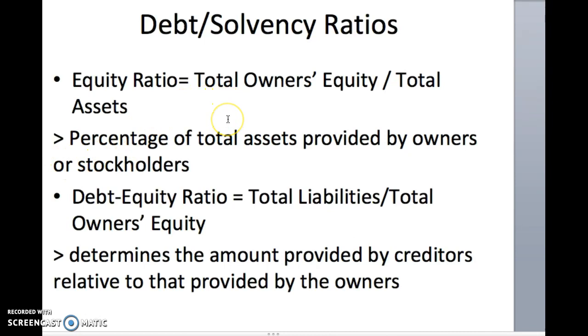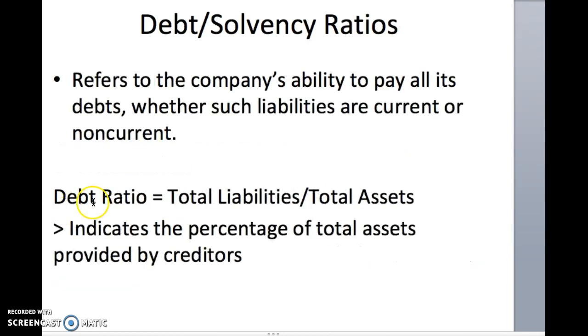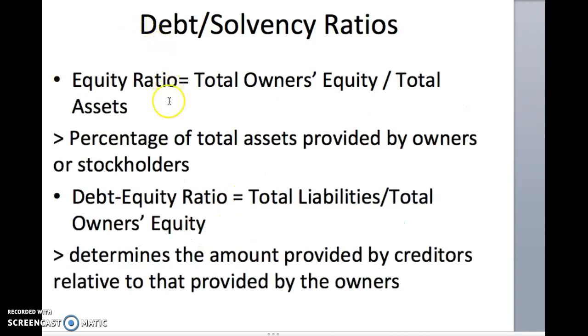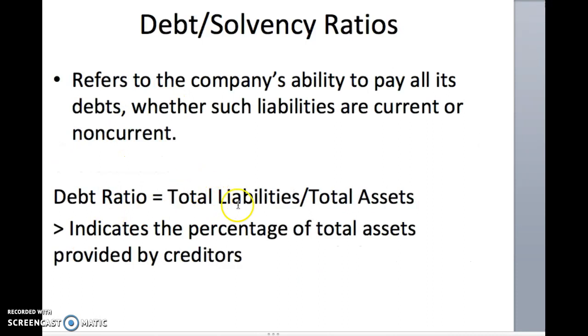Next solvency ratio would be the equity ratio. This shows how much of total assets are funded by equity. What I like about the equity and the debt ratio is if you know already one ratio, let's say debt ratio, let's say this is 80%, you already know the equity ratio because, for example, if 80% of your total assets is funded by liabilities, then the rest would be funded by equity.